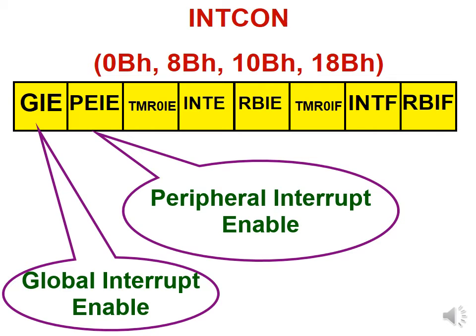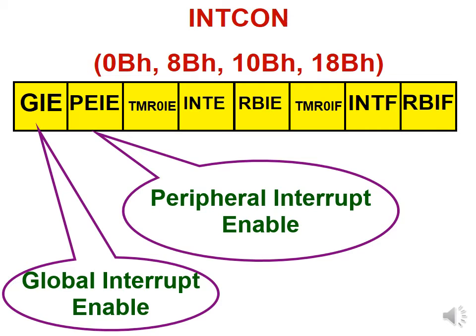The PEIE bit is an interrupt enable bit that enables or disables all interrupts that are associated with peripherals on the microcontroller. So this means if we make that bit to be a 0, the PIC will not respond to any of the peripheral interrupts.